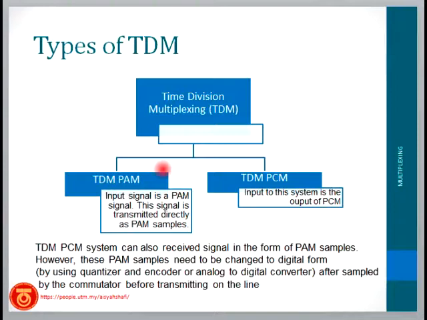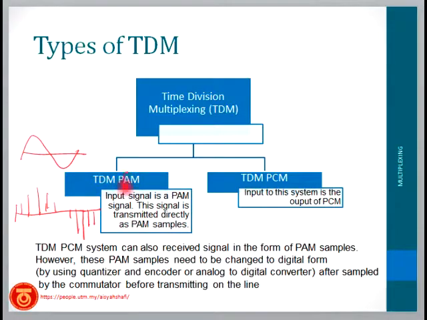Okay, there are two types of time division multiplexing. There is TDM-PAM and TDM-PCM. For the TDM-PAM, the input signal is PAM. Okay, just remember what PAM is. If you have an analog signal like this, it becomes samples based on the amplitude.